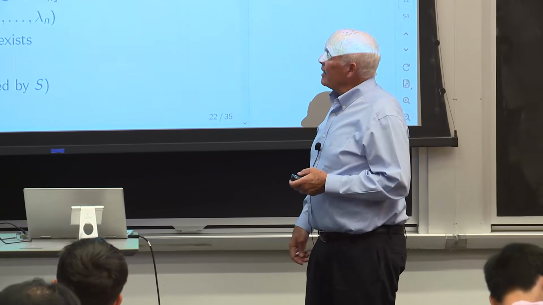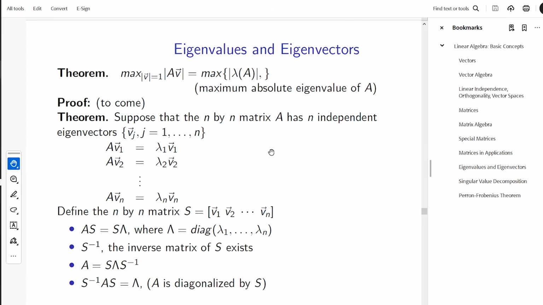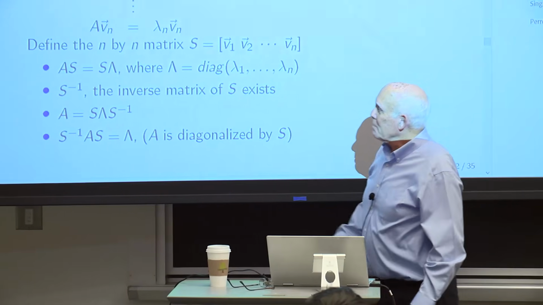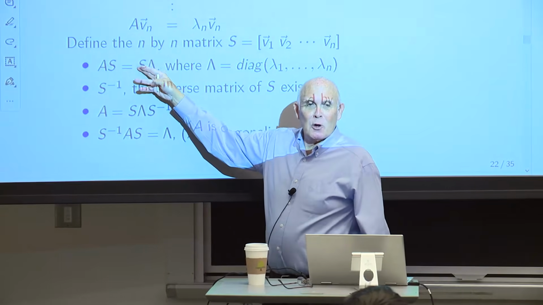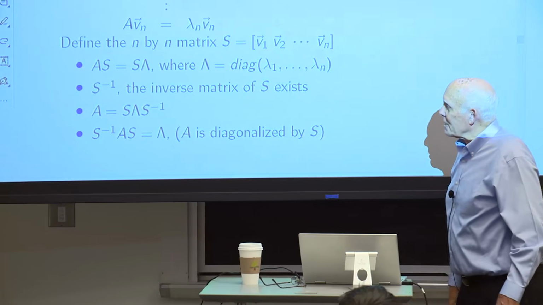It turns out that if we have linearly independent eigenvectors, then we can comprise those as columns of a matrix S. The matrix A multiplied by this S matrix will simply be the matrix of multiples of the eigenvectors. So S lambda is a diagonal matrix.